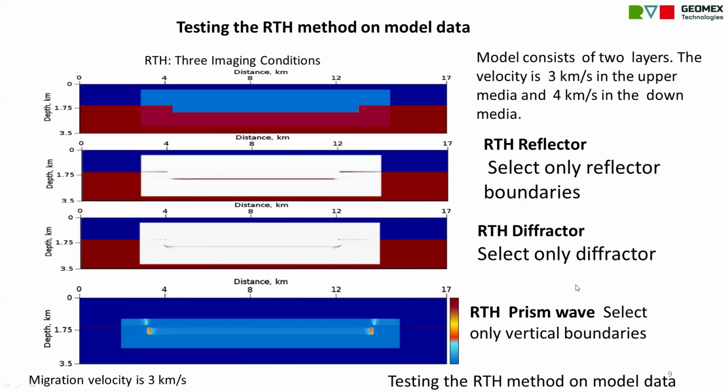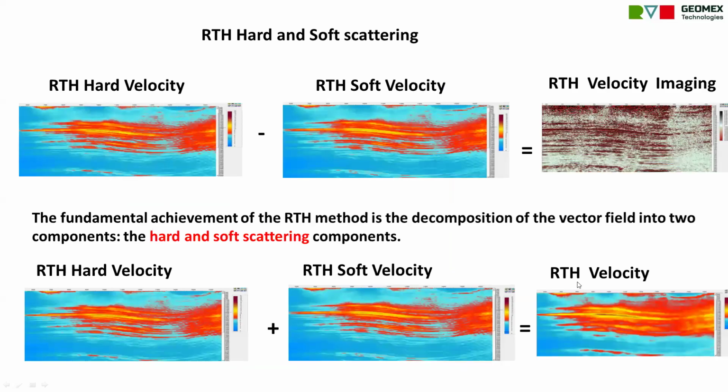I did a test. The fundamental achievement of the RTH method is the decomposition of the vector field into two components, the hard and soft scattering components. According to the hard, it's reflection or diffraction or scattering at a point with higher velocity, and soft at a point with low velocity.